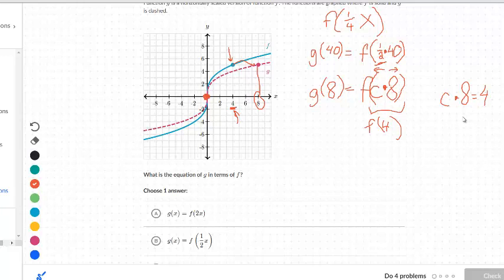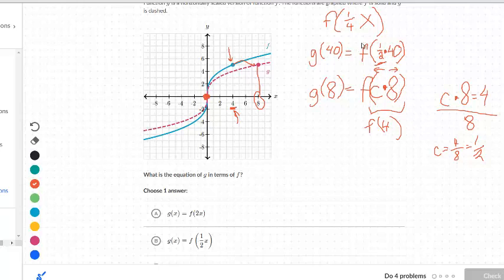I can see that I'm needing to cut that 8 in half. So maybe you're thinking, I know where my new one has to be to match my old one. I need to divide both sides by 8 to get that C multiplier by itself. And so C would equal 4 over 8, which is the same when we simplify it as 1/2.